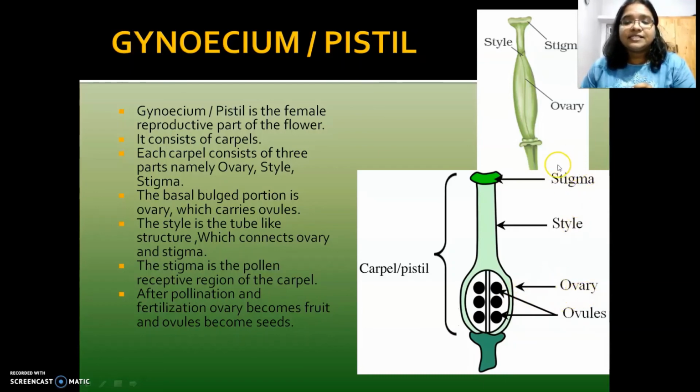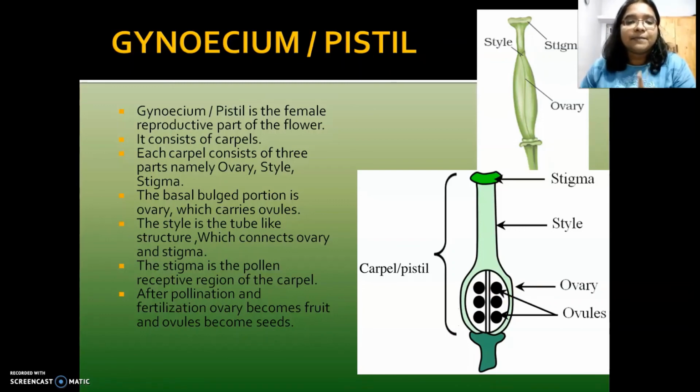And you know, the stigma is a receptive region which receives pollen grains during pollination. Later, the pollen grains germinate through the style and the pollen cells fertilize the egg of the ovules. So, hope the structure of the gynoecium is clear for you.